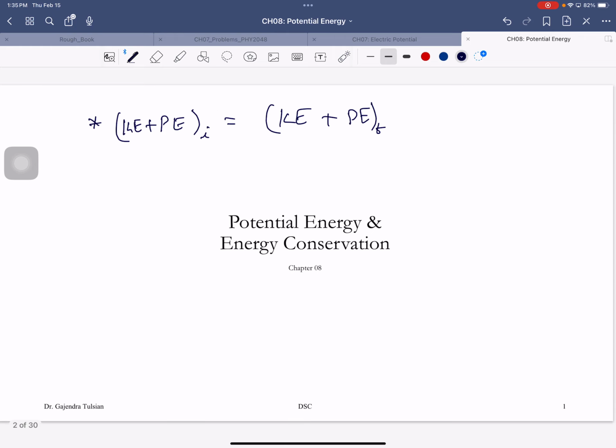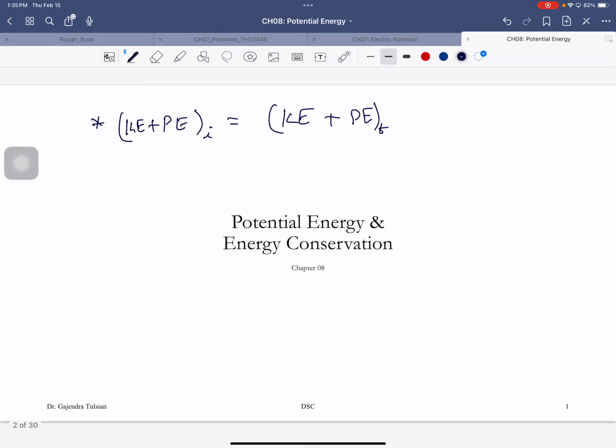Of course, if you take into account all forms of energy, that's always conserved, whether conservative or non-conservative forces act. For instance, when I push a cart, if you account for energy in me and the cart, the total energy is always conserved.